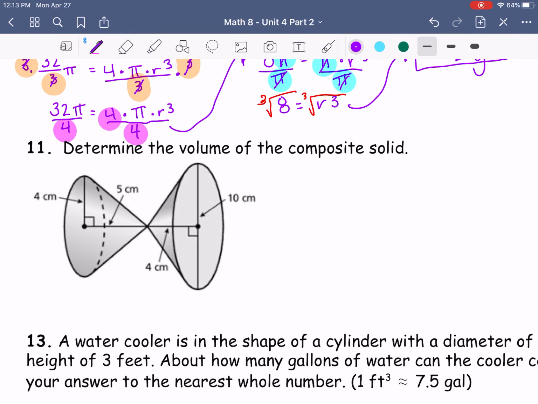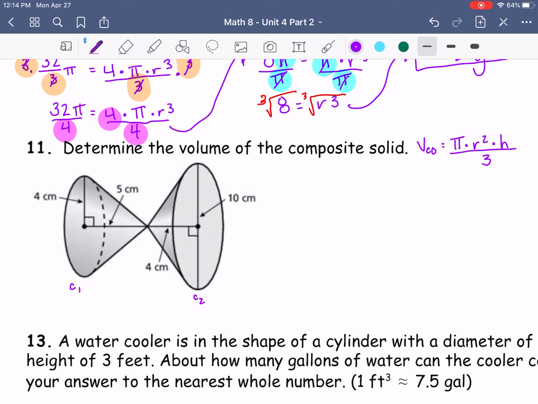Moving on to number 11, determining the volume of the composite solid. So we are looking at 2 cones right here. Reminder, the formula for volume of a cone is pi times the radius squared times the height divided by 3. So it's the formula for cylinder, but then divided by 3. I'm going to call this cone 1 and this cone 2, and then I know I need to add those pieces together.